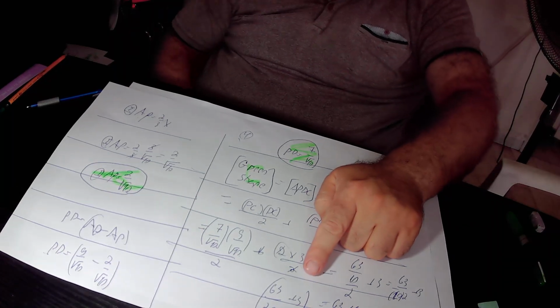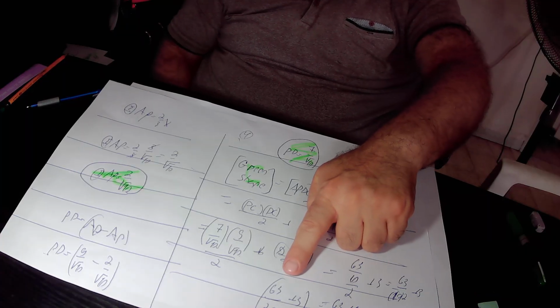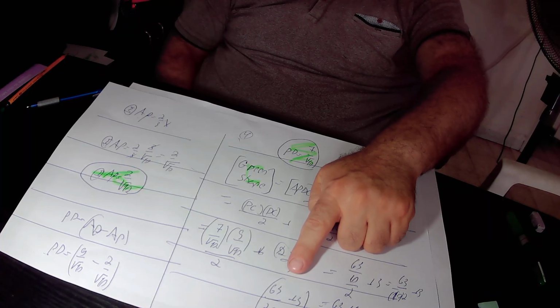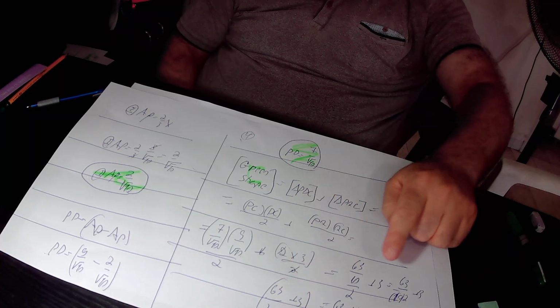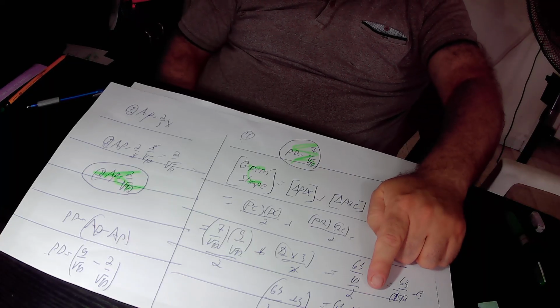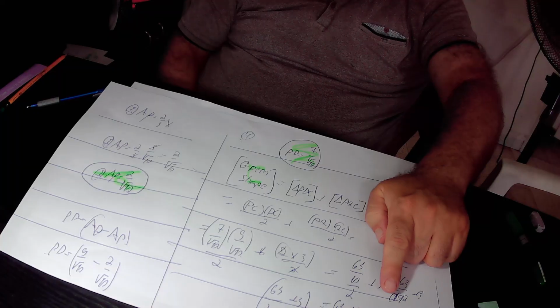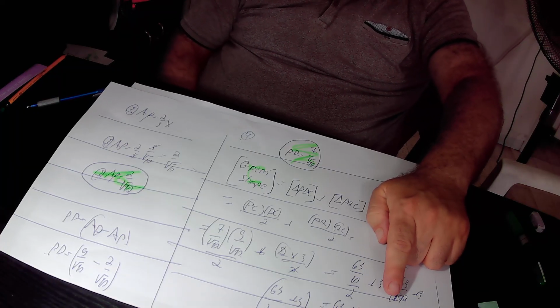Here we multiply 3 by 20 and then divide by 20 in order to get a common denominator. So in the numerator we have 63 plus 20 times 3, that is 60, divided by 20. 63 plus 60 is 123 over 20. 123 over 20 is 6.15.